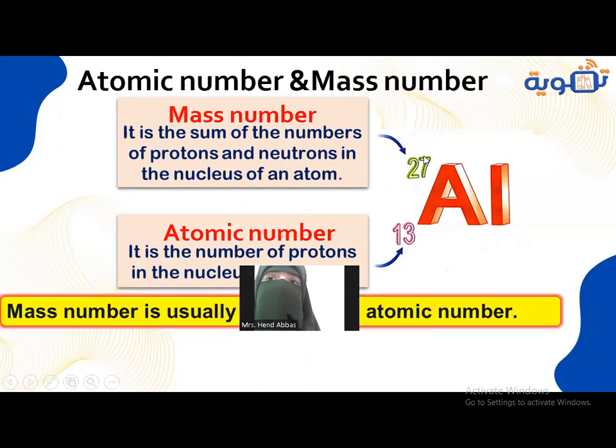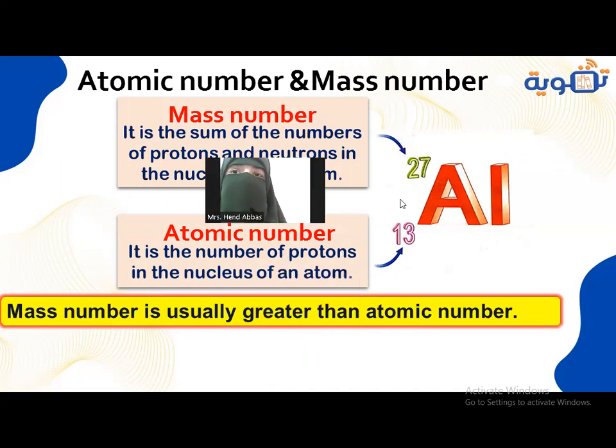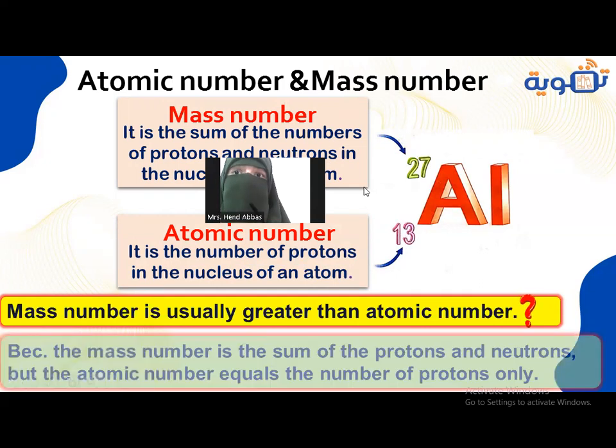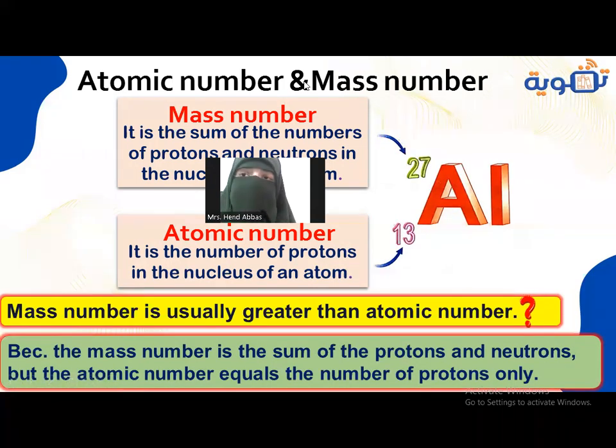Why is the mass number usually greater than the atomic number? Because the mass number equals the number of protons and neutrons, while the atomic number is the number of protons only, okay? And the only atom whose mass number equals its atomic number is the hydrogen atom.